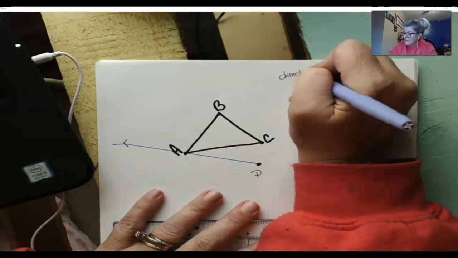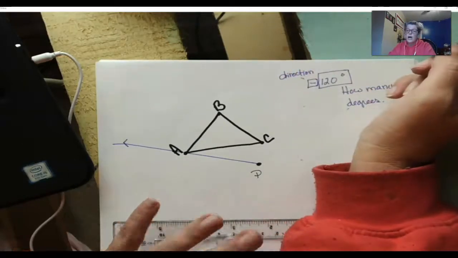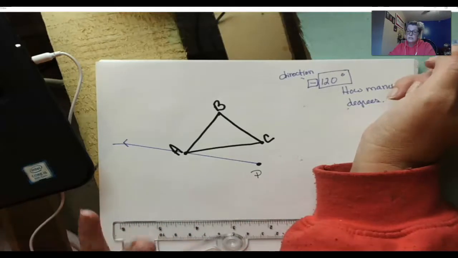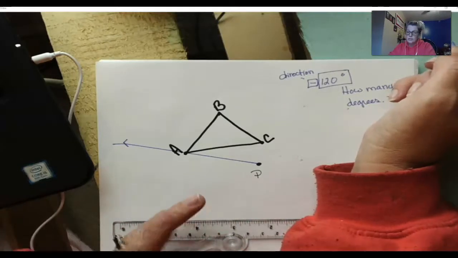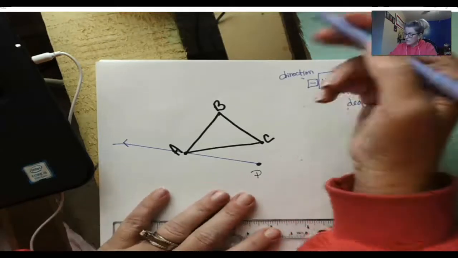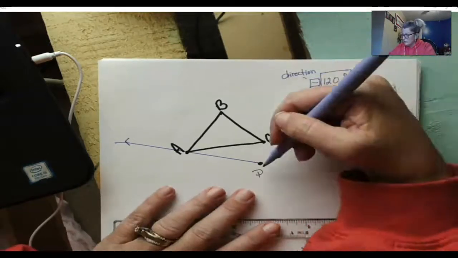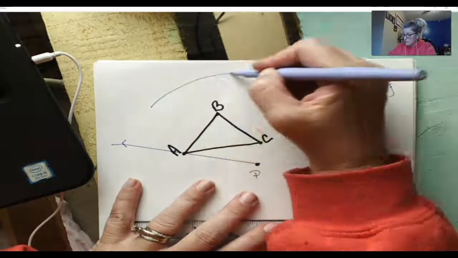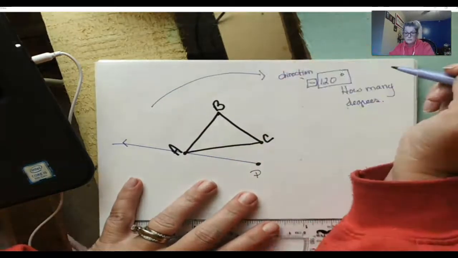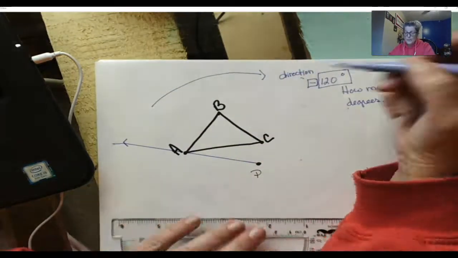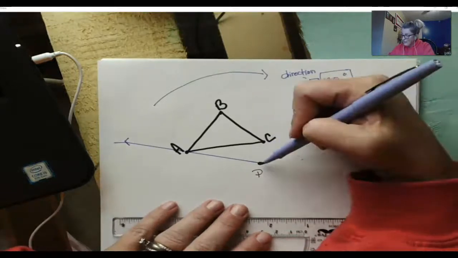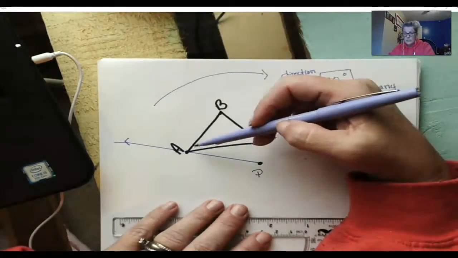Remember, we don't have negative degrees. The negative and the positive tell us what direction we're going into. In this particular case, a negative is clockwise. So if we're looking at our figure, that means we're going to go this way. That's clockwise.